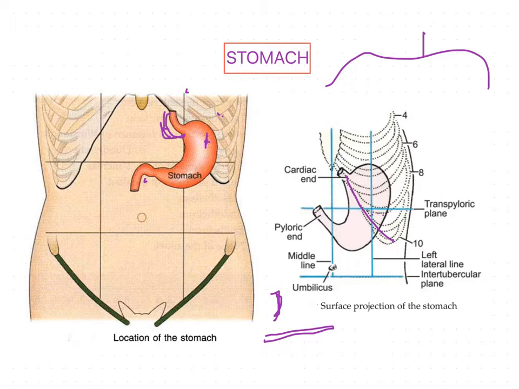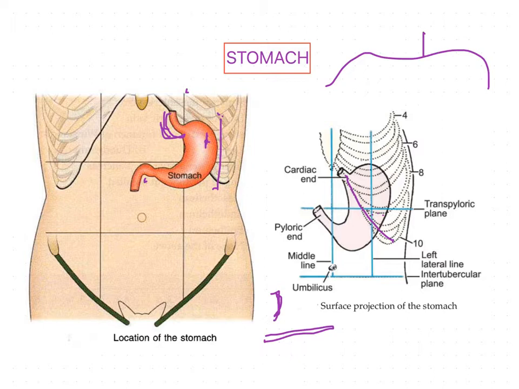Next, the size and capacity. The stomach is a very distensible organ. It is about 25 centimeters long. The mean capacity is about 1 ounce at birth, 1000 ml at puberty, and 1.5 to 2 liters in most adults.